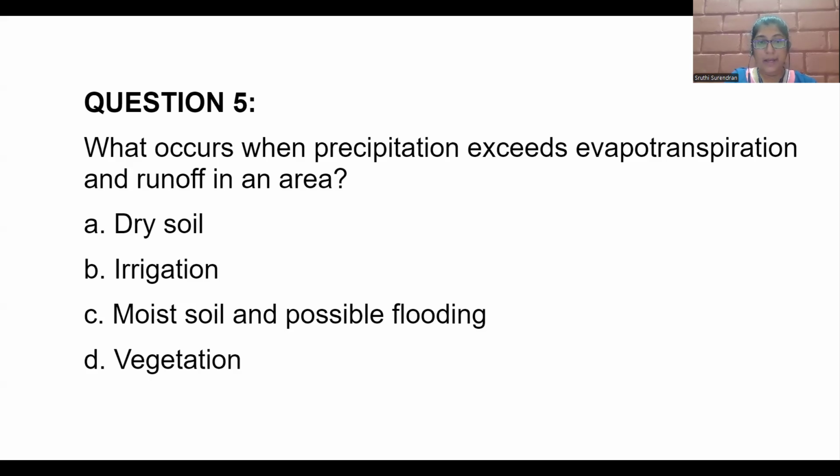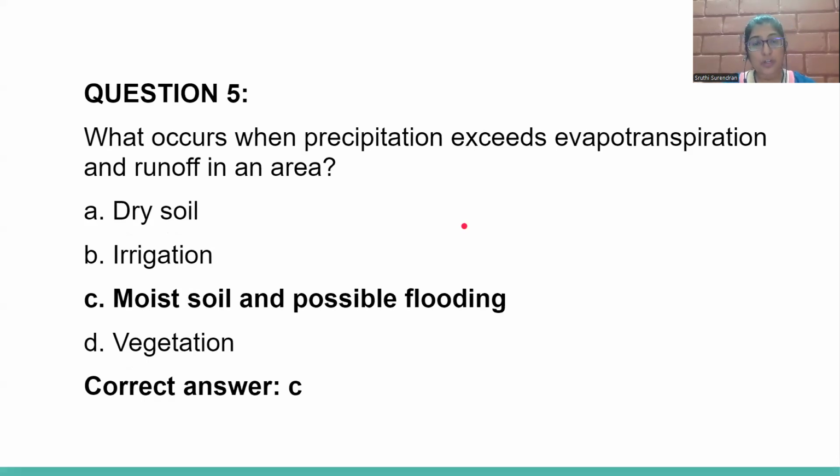Nice. So let's see what this question is about. Here they've asked what is occurring if the rainfall exceeds evapotranspiration or runoff. As many of you told, the soil is going to be more moist and flooding is going to occur.